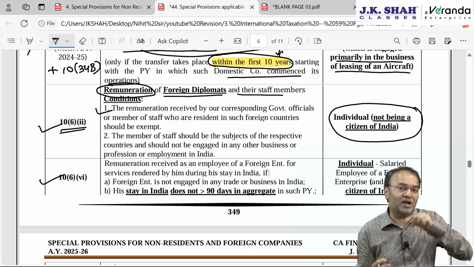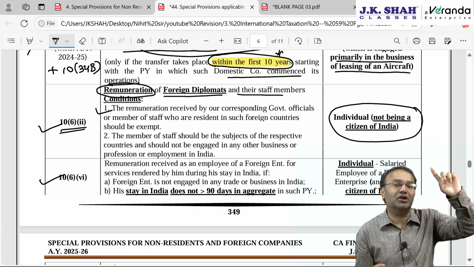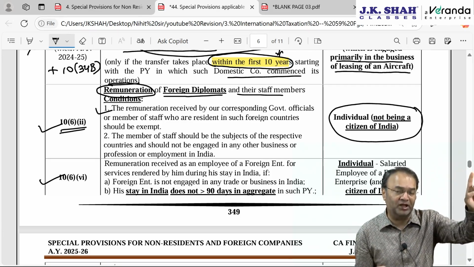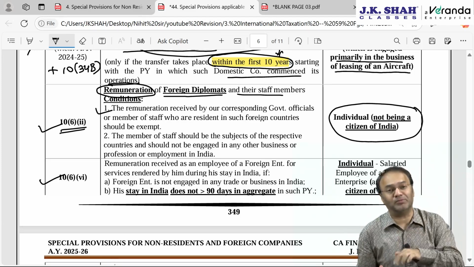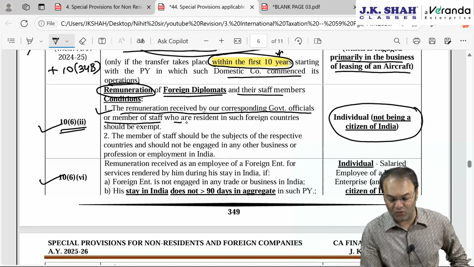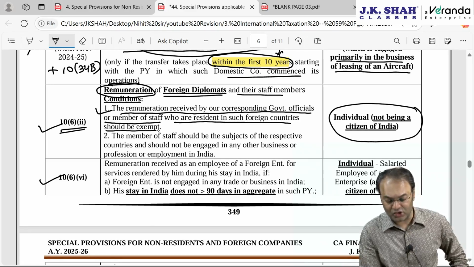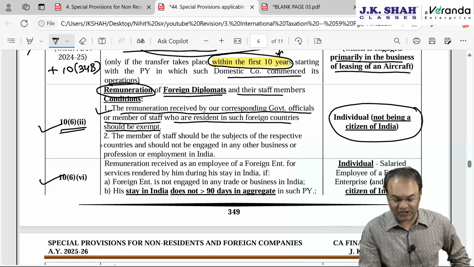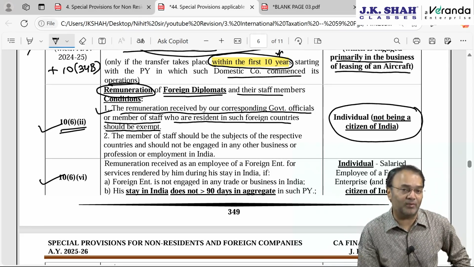If the US government does not charge tax to our people there, then we will not charge tax to their people in our country. Remuneration received by our corresponding government officials or staff members who are residents of such foreign countries should be exempt in USA.